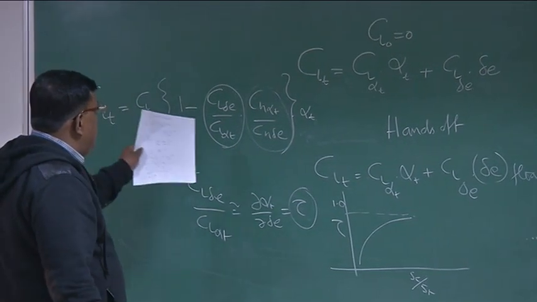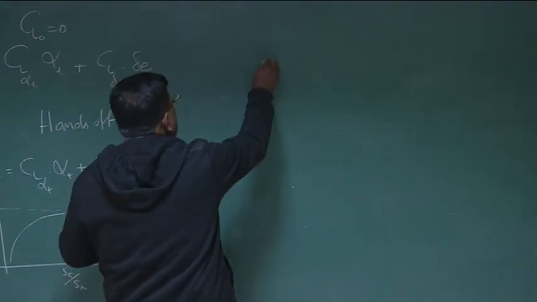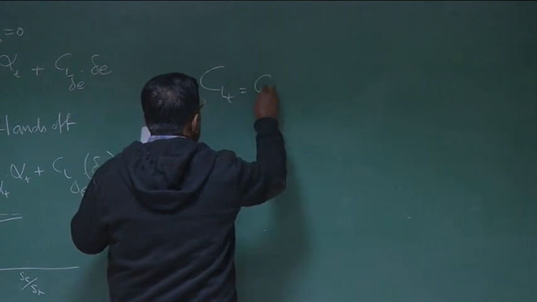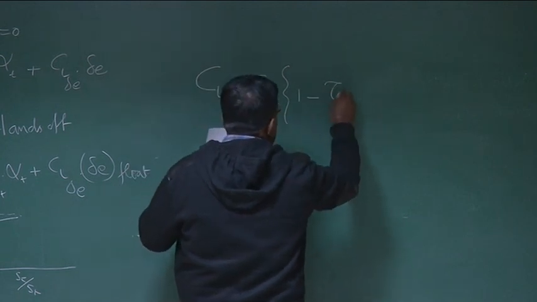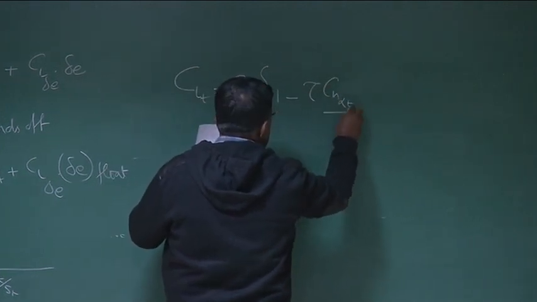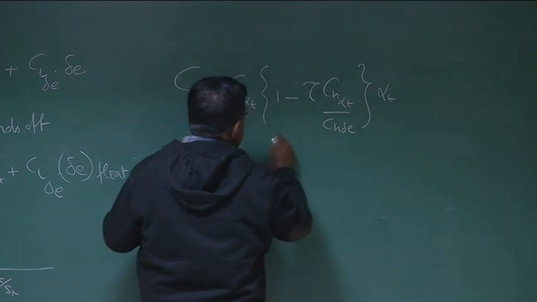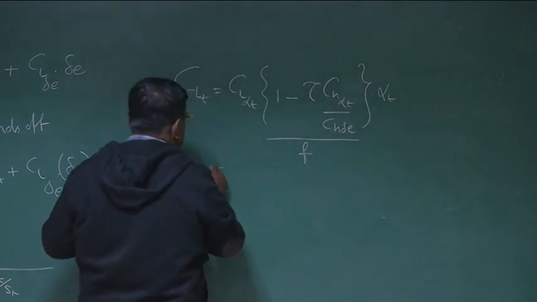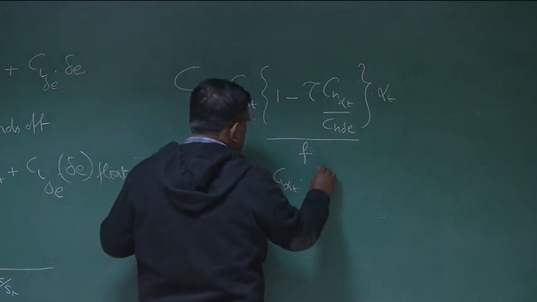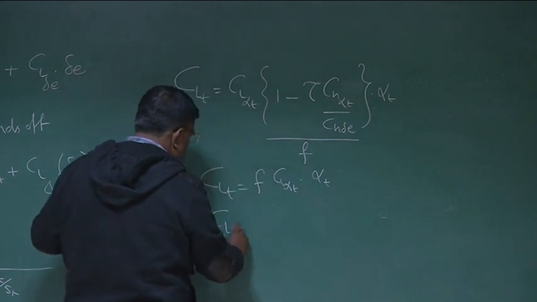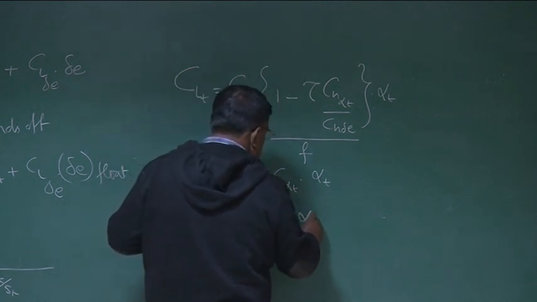Now let us come back to this. If this is the understanding where we are approaching to, so I can write CL tail as CL alpha T into 1 minus tau CH alpha T by CH delta E into alpha T, and I denote this as F. So I can write CLT equal to F into CL alpha tail into alpha T, or further I can write with the float, it is CL alpha t prime into alpha t.